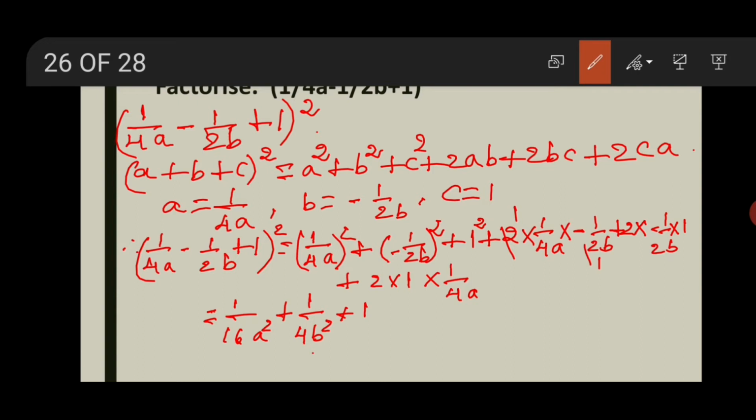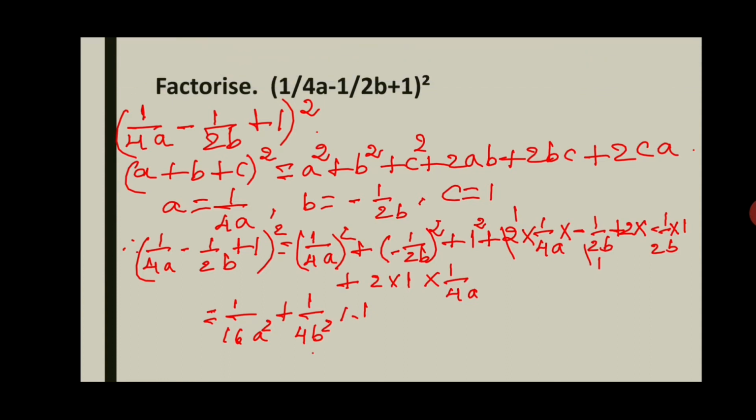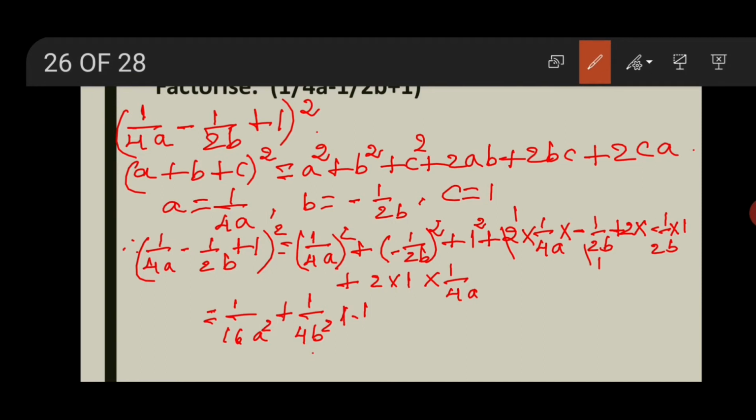Then we will get minus 2ab is equal to, on simplification, 1 divided by 4a, then minus, here again 2 ones get cancelled, minus 1 by b plus 2 ones are 2, twos are, so 1 by 2a.